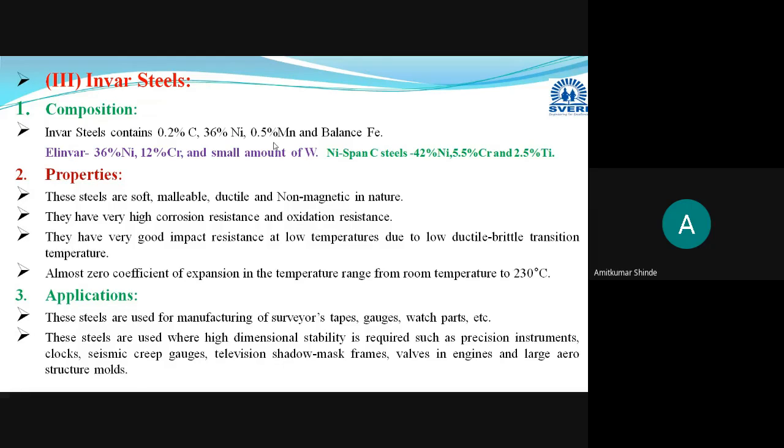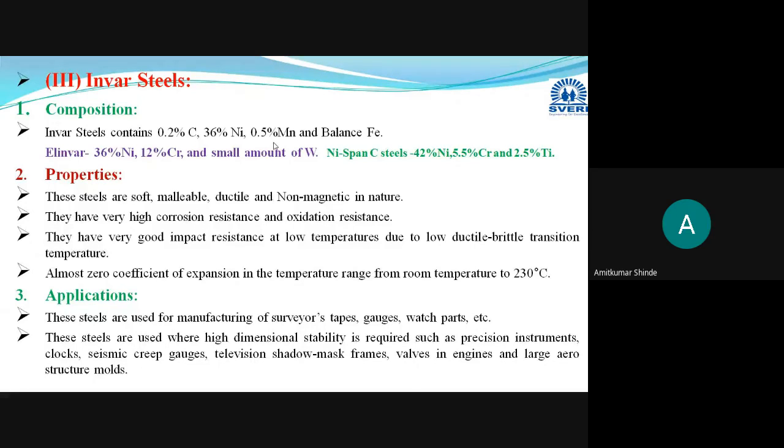What is the ductile brittle transition temperature? Any ductile material, here where steel is a soft, malleable, and ductile material, when it breaks in a brittle manner, or fractures in a brittle manner without any plastic deformation, due to change in the temperature, can directly break. Even a ductile material can break.